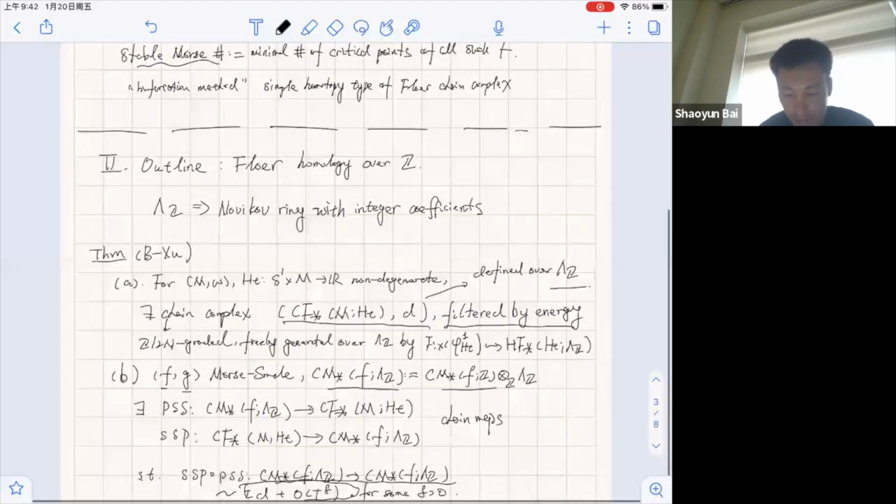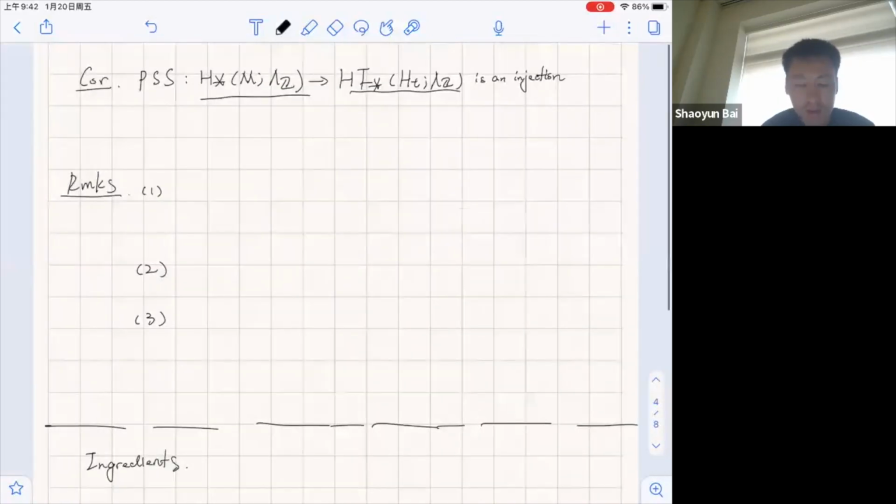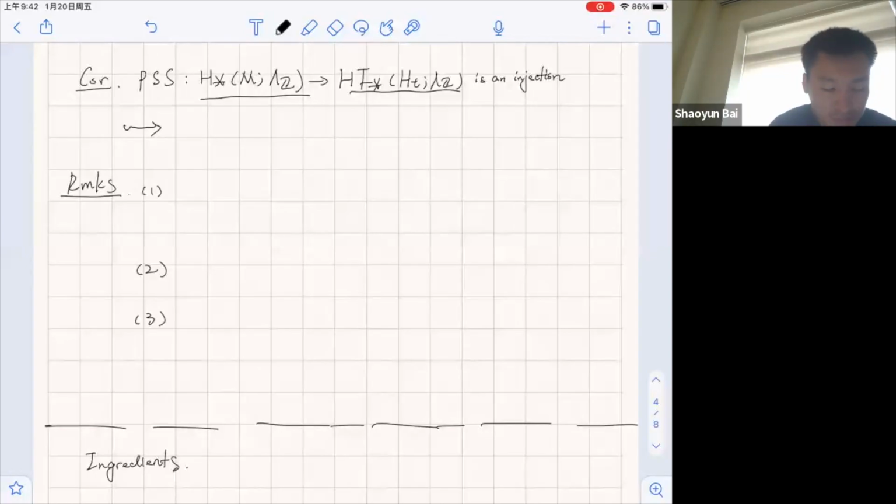Okay. All right. So if this map is an injection, then our statement, the integral version of the Arnold conjecture, follows by elementary algebra.